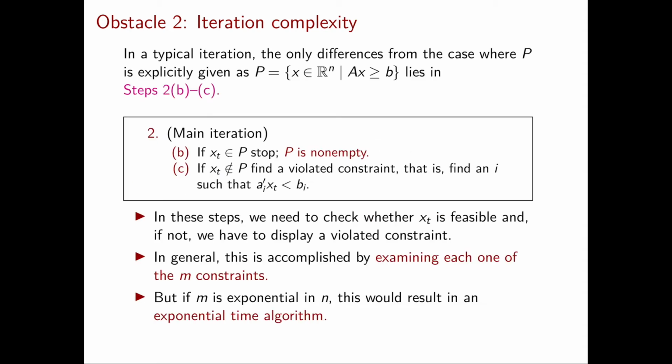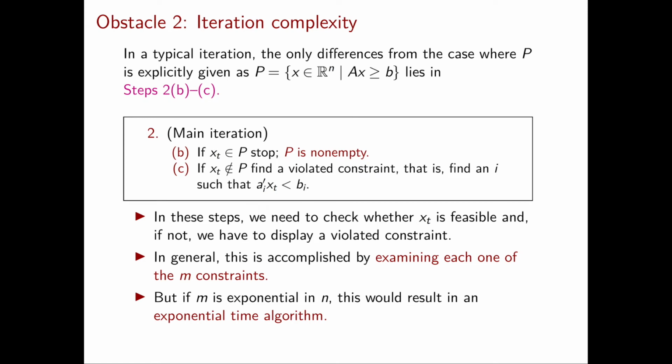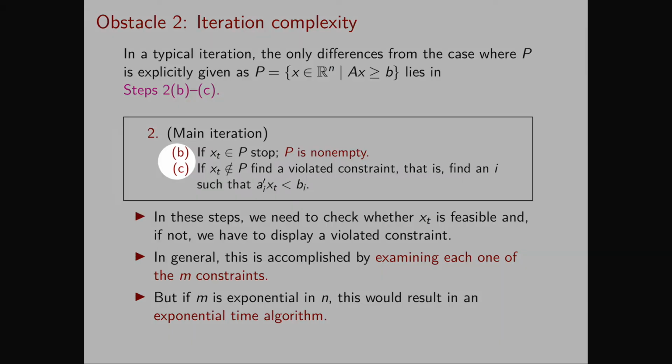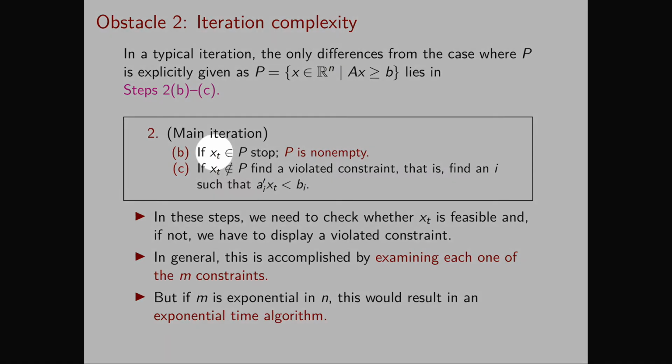If you go back and check a typical iteration of the ellipsoid method, you will see that there are only two differences from the case where P is explicitly given by a system Ax greater than or equal to b. These differences are in step 2, parts b and c of the main iteration. In our iteration, we are at the point where we have our ellipsoid with the center xt.